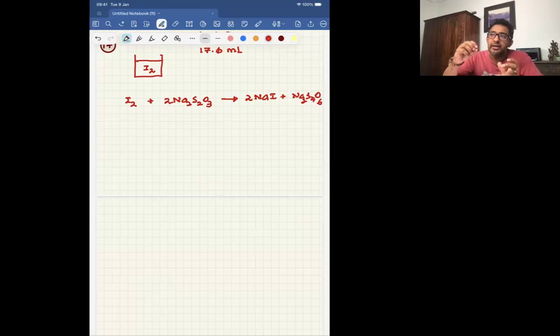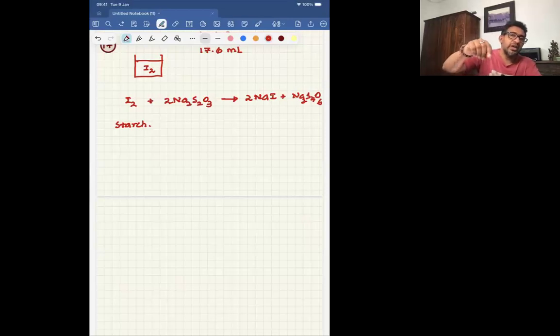If you look at the indicator here, starch is the one that is used as an indicator. But you should not add starch at the very beginning. You add starch at the very end, when it becomes very light yellow in color. Otherwise, it forms an insoluble iodine complex, and you get an error in the titration.